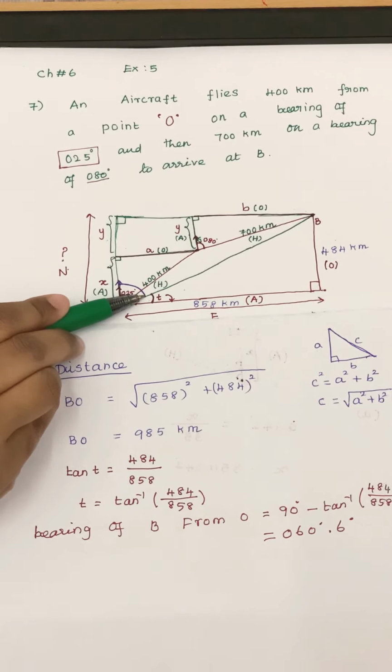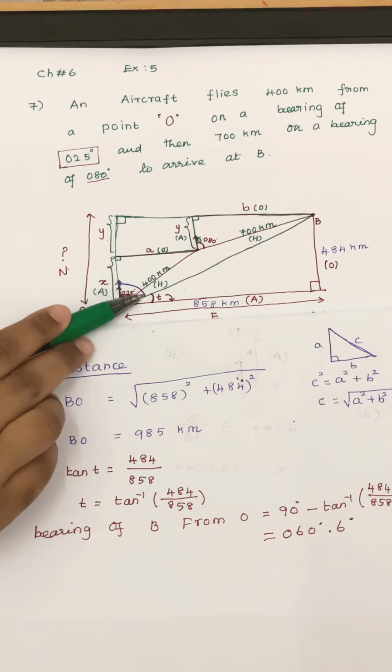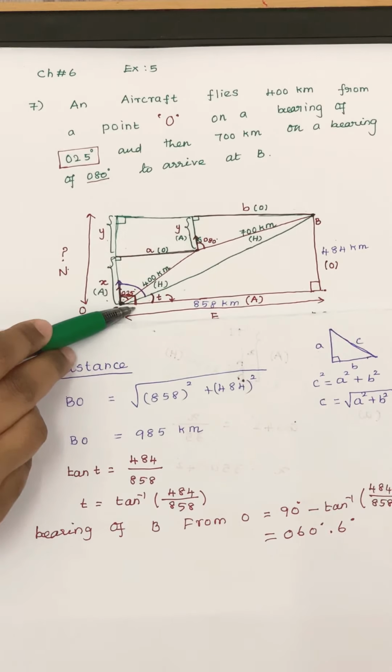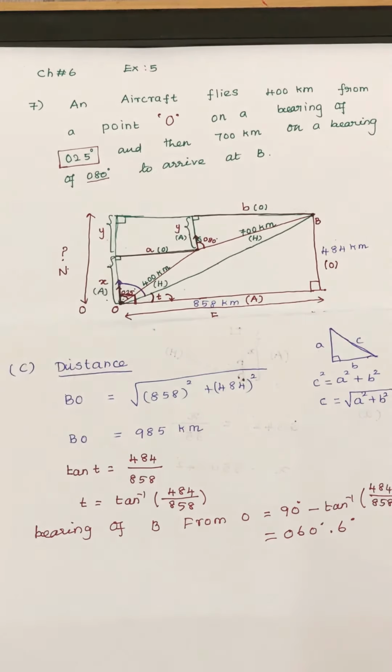Where do you have to stop? Where is the point B, the line? This point. So I stopped here. To calculate the blue one, you know the full angle is 90, so 90 minus T will give me the bearing angle. So I found T using the right angle triangle trigonometric function method, and then I calculated the bearing.